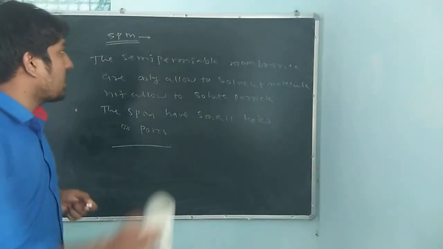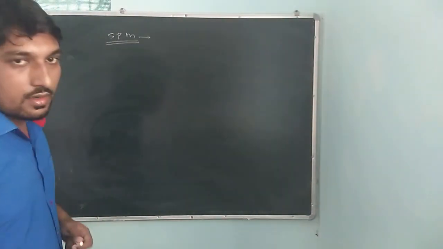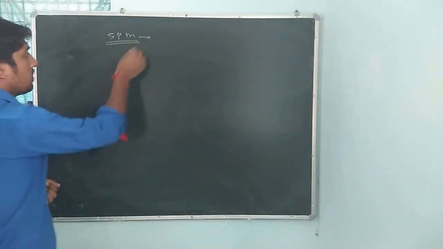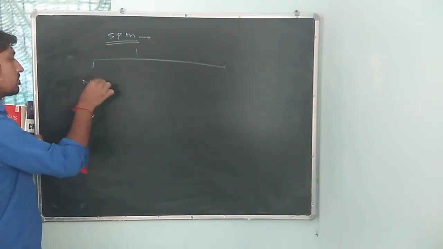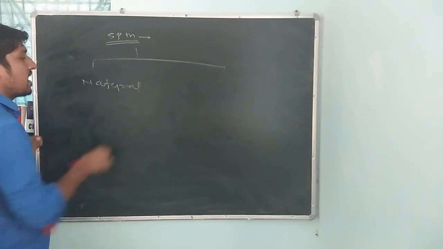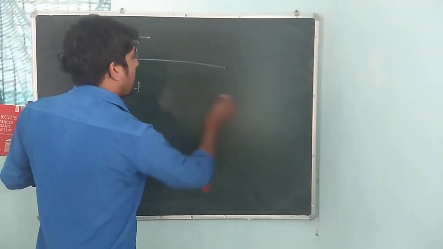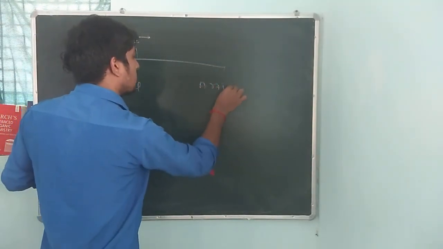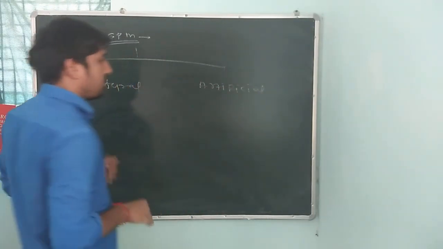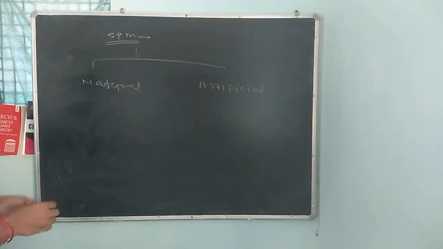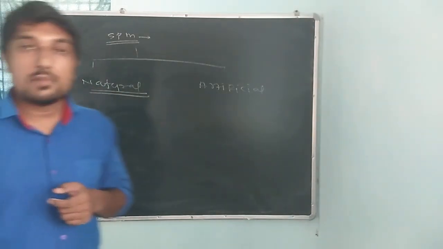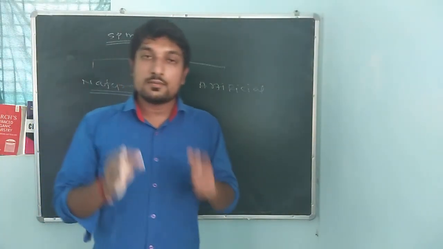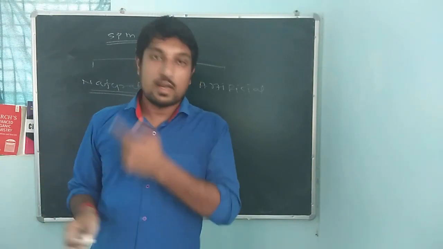Then, how many types of semi-permeable membranes are there? There are two types. First is natural, and second is artificial. What is the meaning of natural semi-permeable membranes? It means we find them from animals and plants.